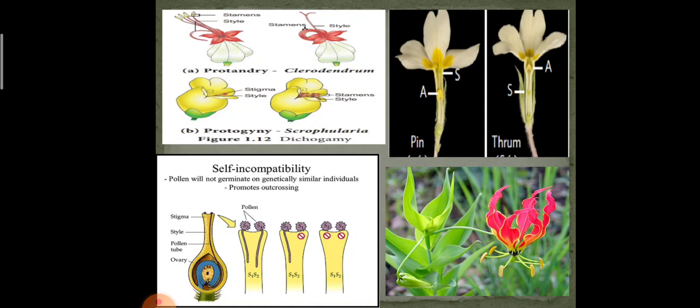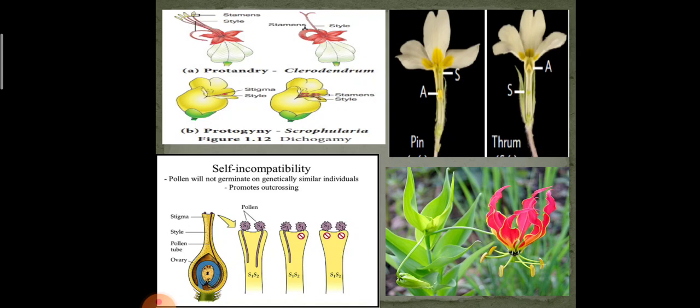So after anthesis all pollen grains come towards the lower side, and pollination will never take place. In thrum, anthers are above and stigma is lower, so pollination takes place. But here protoandry takes place, where first the androecium matures, then the gynoecium. Because of that, here also only cross pollination takes place.